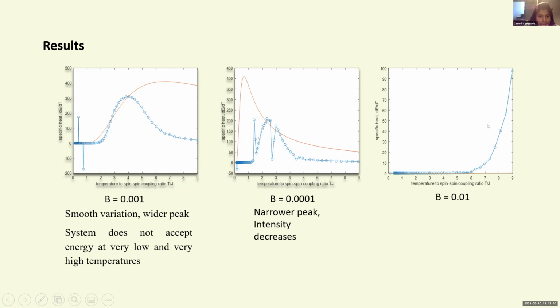We can clearly see in the first graph that the system does not accept heat at very low and very high temperatures. As we decrease the external magnetic field by 10 times, we get narrower peaks, and the peaks are less intense too.